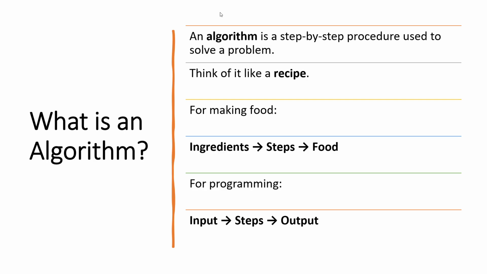For example, first prepare the ingredients, then follow the cooking steps. Finally, you get the finished dish. Programming works in a similar way. We have the input, we follow a series of steps, and finally we get the output. So, an algorithm tells us how to solve a problem step by step.